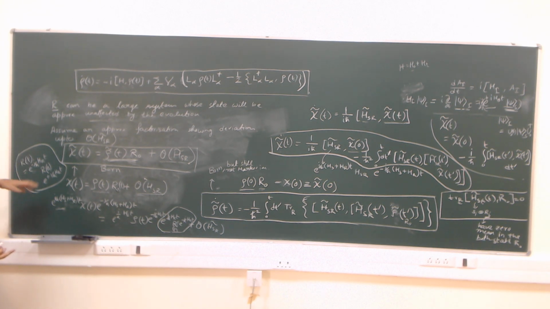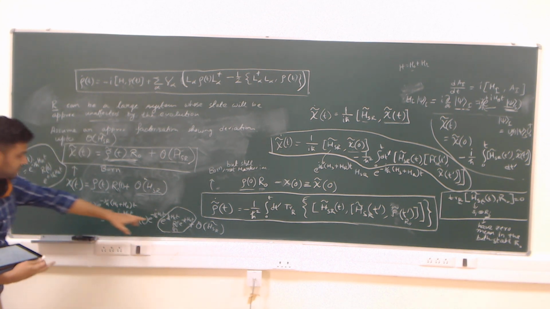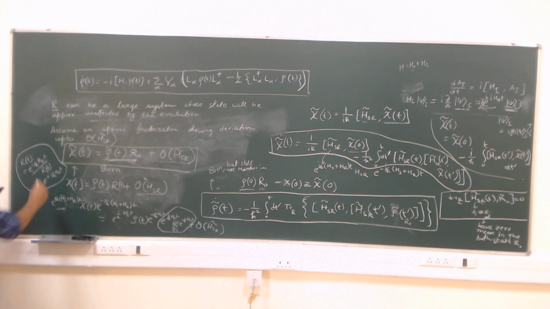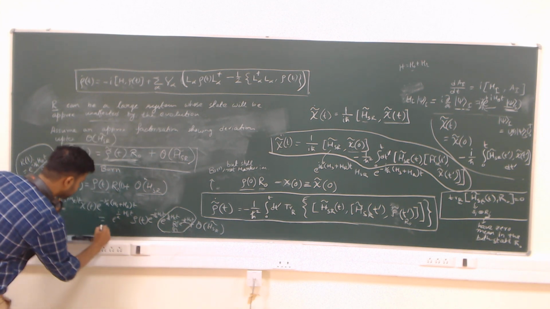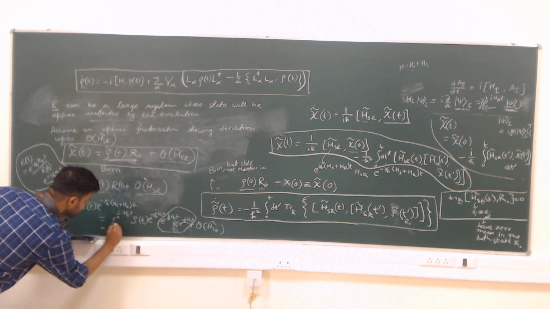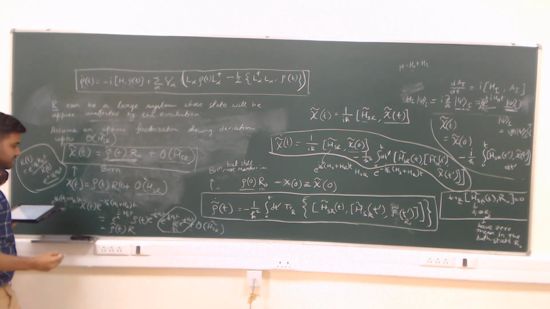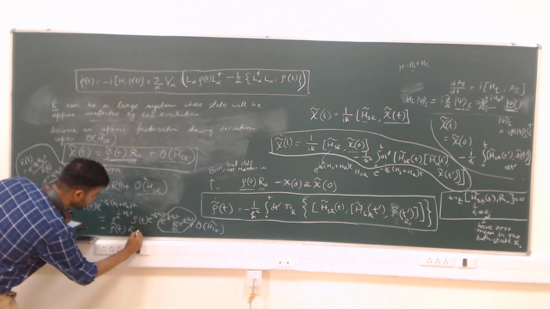The bath does not really evolve in terms of Hs plus Hr, but in terms of this. If we use that fact, then these factors cancel. This e to the power i over h Hr cancels with this minus i over h Hr, and this factor cancels with this one. So what we are ultimately left with is rho tilde T times again R0, just R0, not any time dependent one, but the density matrix at time 0.